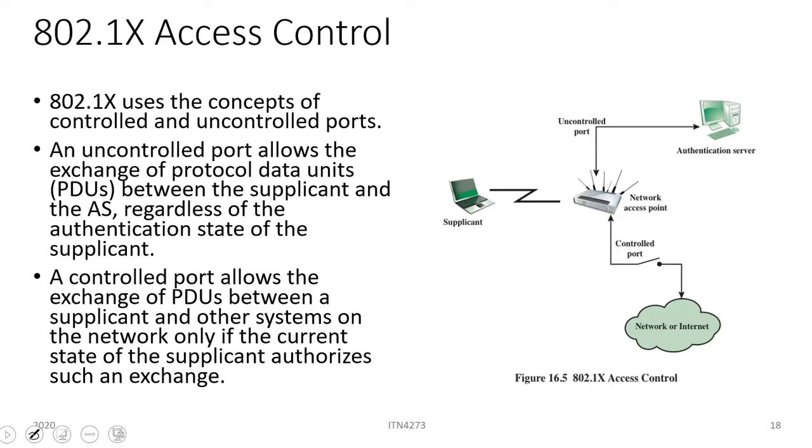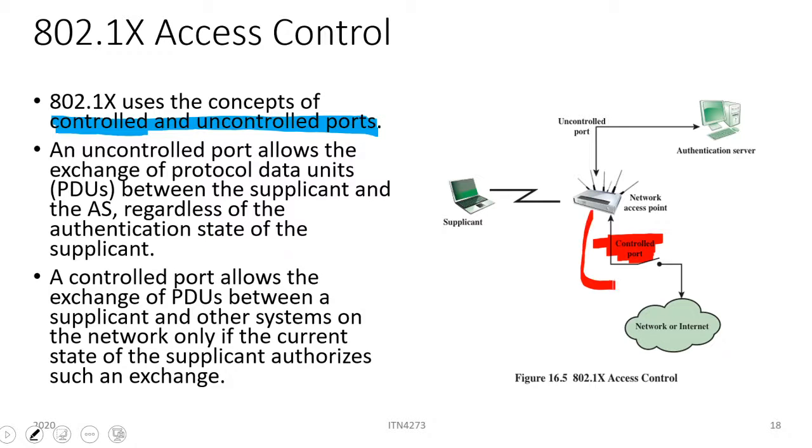So then when we think about 802.1x based access control, the two main concepts that we have here are what is called the controlled and uncontrolled ports. The idea of a controlled port is that any traffic coming through the controlled port would only be allowed if there has already been approval or authorization for such an exchange to happen.